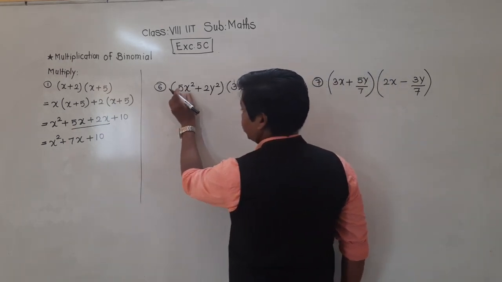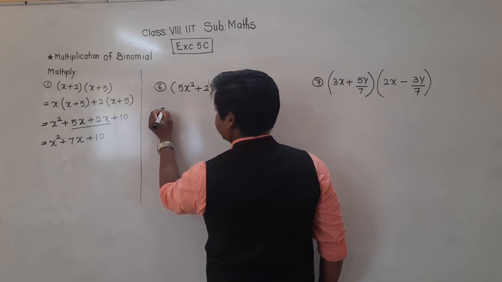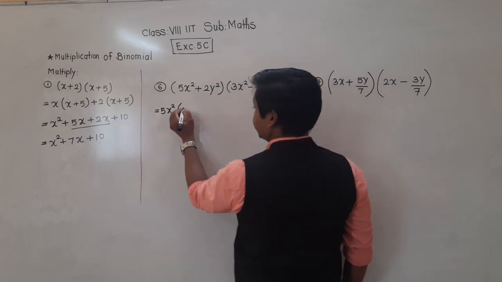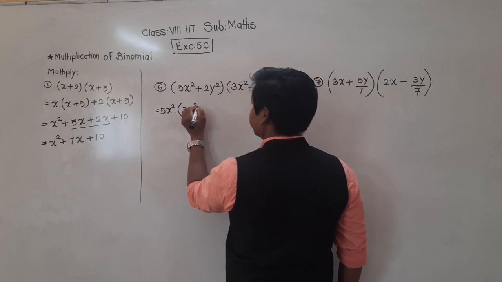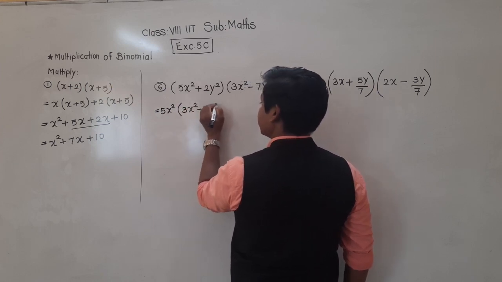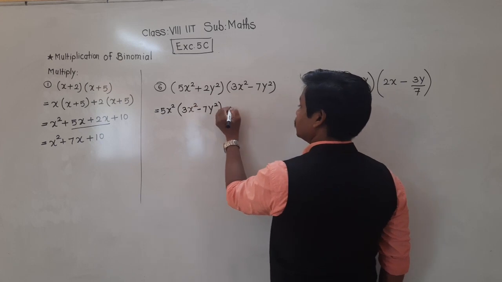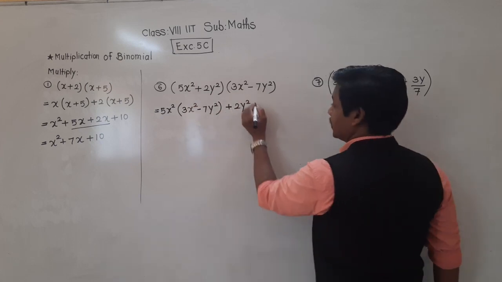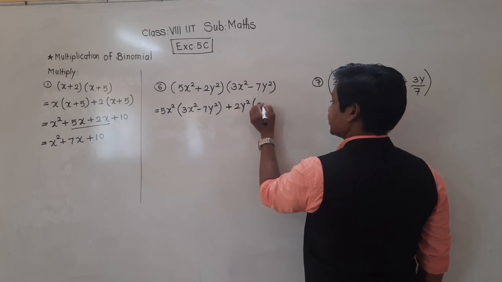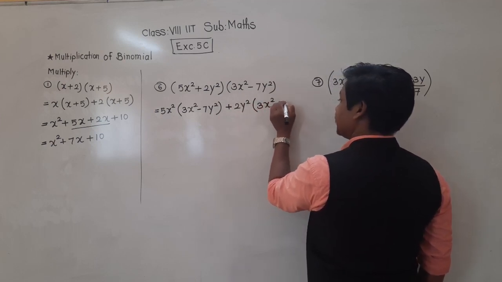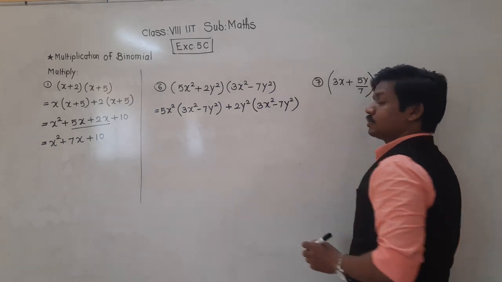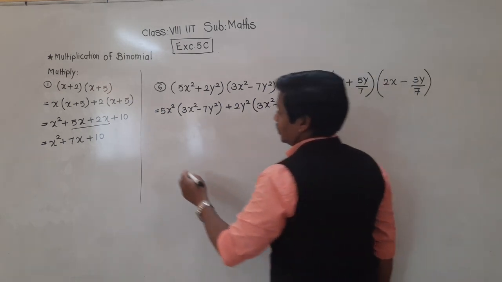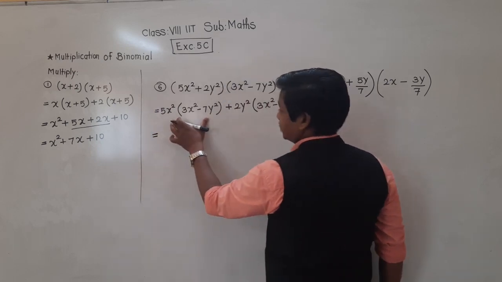As usual, take the first term of the first bracket, 5x square, multiplied by the second bracket, plus 2y square, the second term of the first bracket, multiplied by the second bracket. In this way we multiply both the terms of the second bracket by both the terms of the first bracket. Now again distribute this 5.